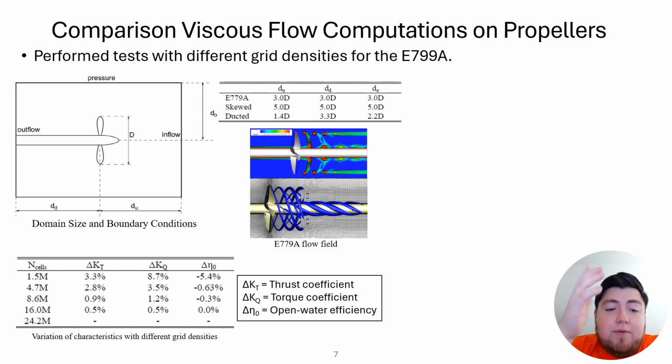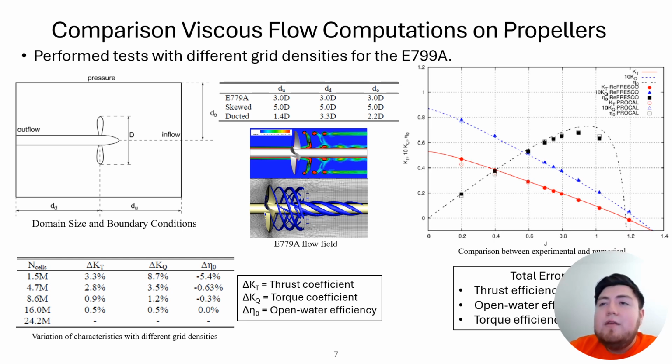From 1.5 million cells, they had errors of 3.3 and 8.79 percent for the thrust and torque coefficients, and they did a finer grid of 16.0 million, and they managed to get that percentage down to 0.5%, which is really nice. After they got that parameter, they started doing their tests.